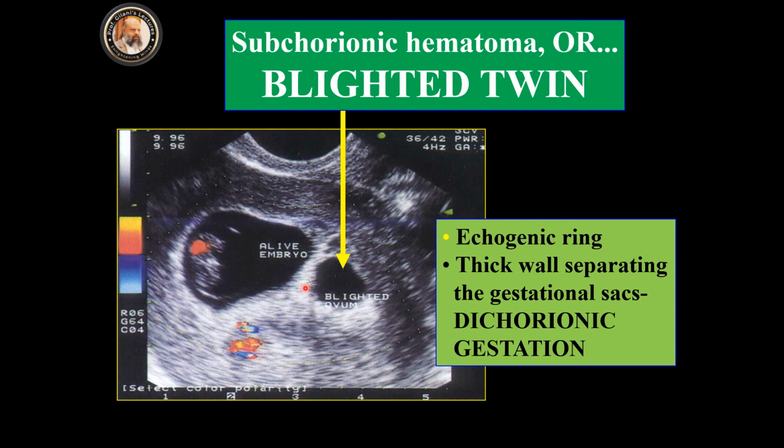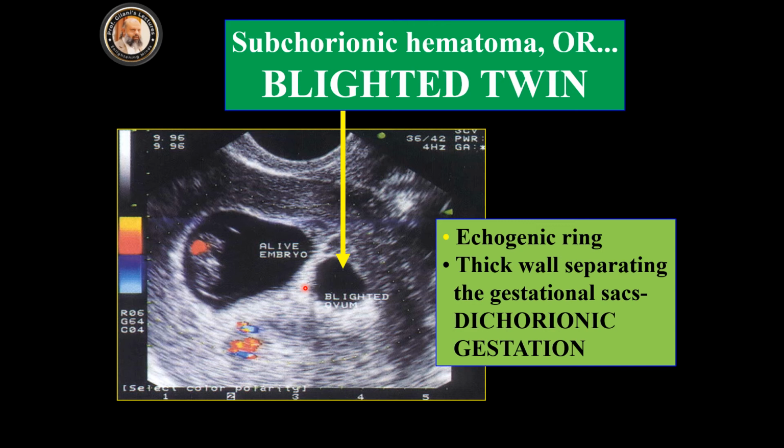But a blighted ovum, which is also called an anembryonic pregnancy, occurs when an early embryo never develops or stops developing, is reabsorbed, and leaves an empty gestational sac.